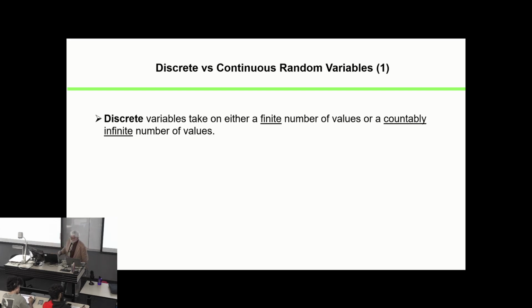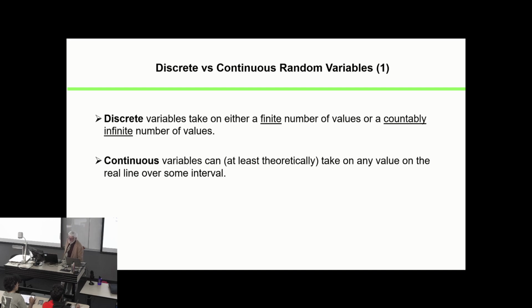Whereas for the geometric distribution, the random variable there, which is the trial on which you get your first success, could happen on the first trial, the second trial, but we could go off to positive infinity. So that's what we call a countably infinite number of values.